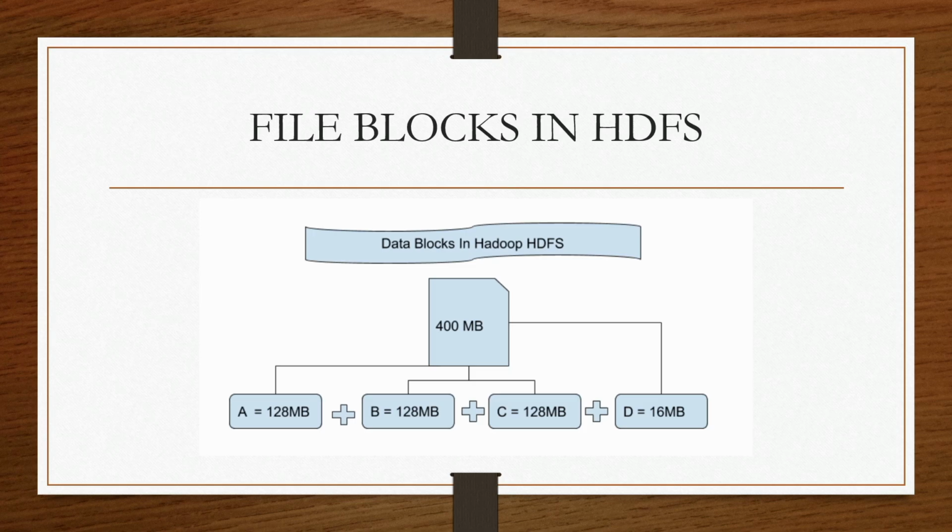Hadoop does not know or care about what data is stored in these blocks, so it treats the final block as a partial record as it does not have any idea regarding it. In the Linux file system, the size of the file block is about 4 KB, which is very much less than the default size of the file block in the Hadoop file system.